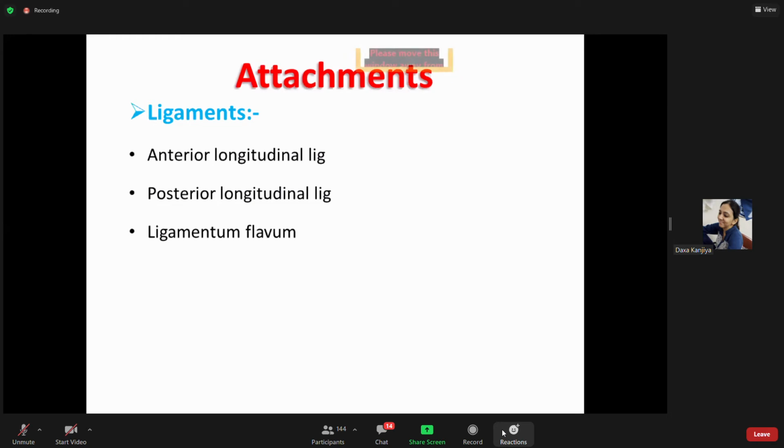Anterior and posterior. What are the attachments of the anterior and posterior longitudinal ligaments in lumbar vertebrae? Not in sacrum. Upper and lower border of body.